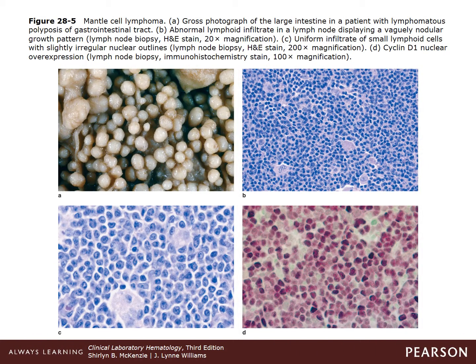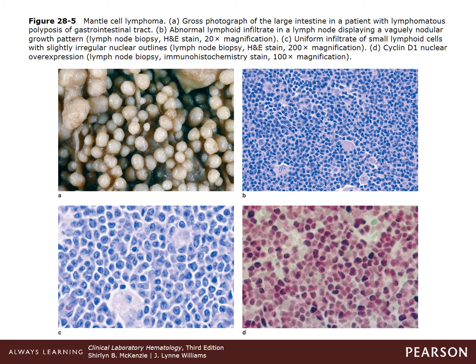So here is some GI tract involvement, where you're seeing parts of the large intestine with these polyp-looking things that are filled with those neoplastic cells. Now with these histologic sections, they're cross-sectioned and they can demonstrate a diffuse or nodular growth pattern.